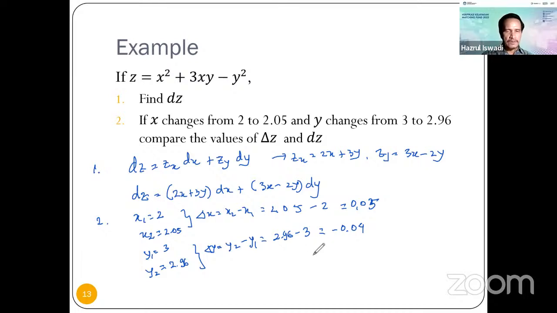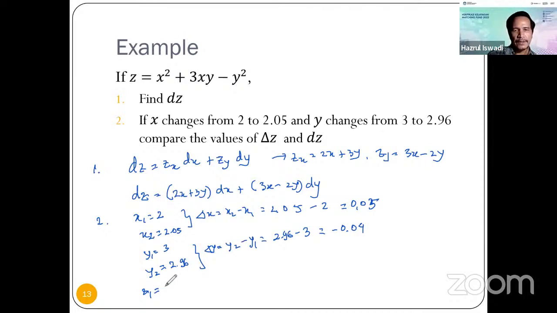And what about the z variable? z1 is x square plus 3xy minus y square, by substituting x and y with 2 and 3.